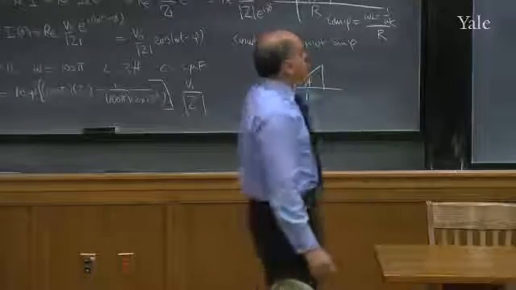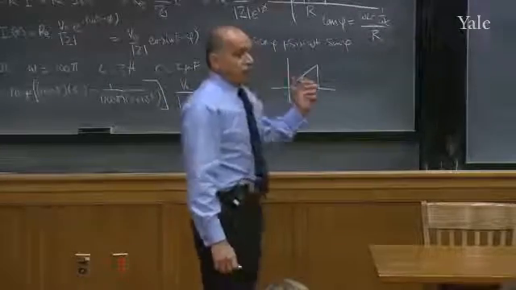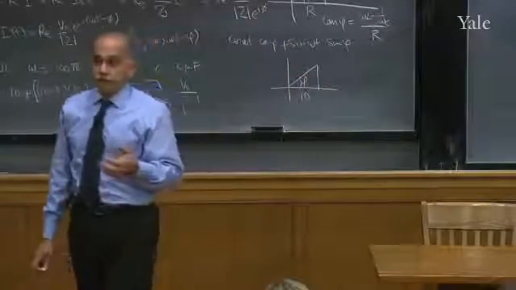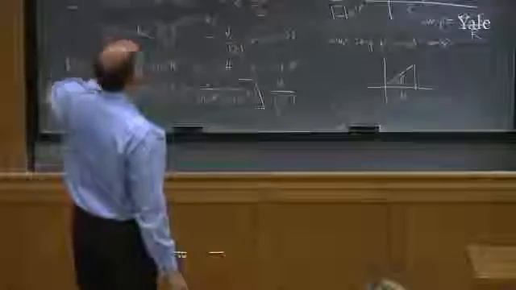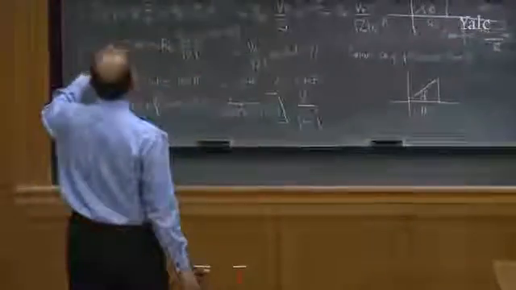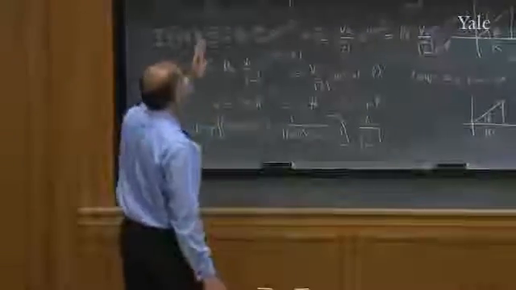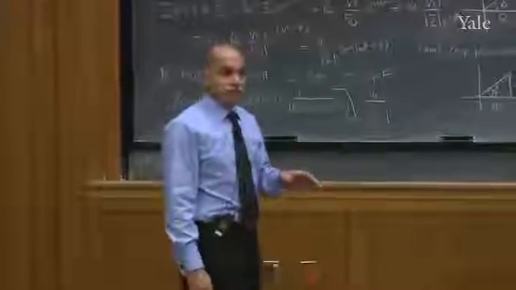If you have a problem where you apply one voltage, V1, and you get a current I1, and a second voltage V2, and you get a current I2, just by adding the two equations, left-hand side to left-hand side and right-hand side to right-hand side, you can check that V1 plus V2 drives a current I1 plus I2. You should do that. If you don't see that, you should do that.